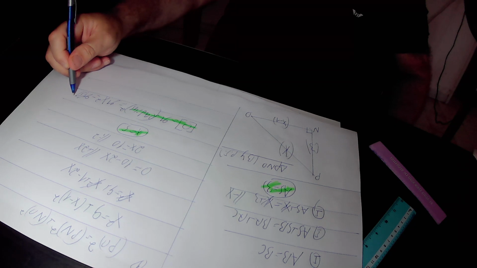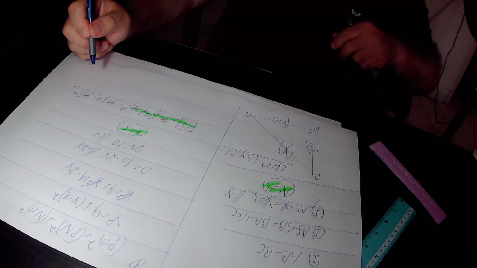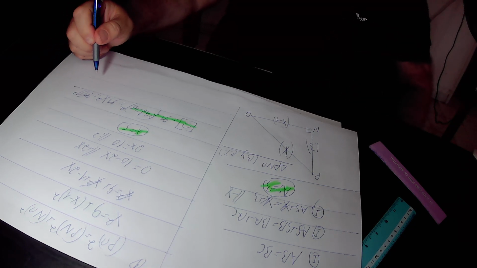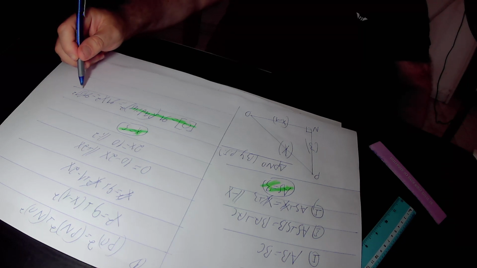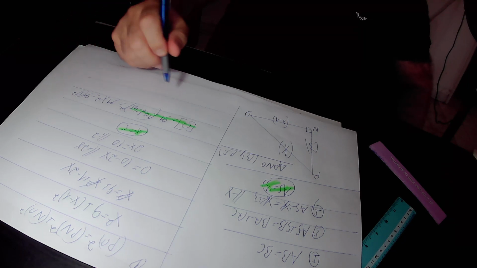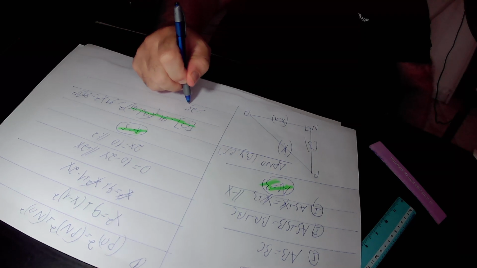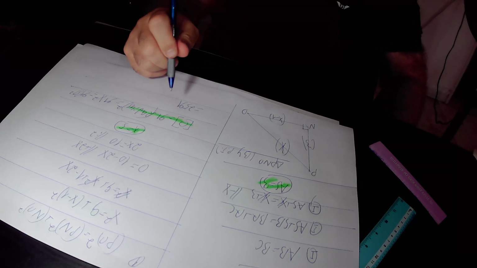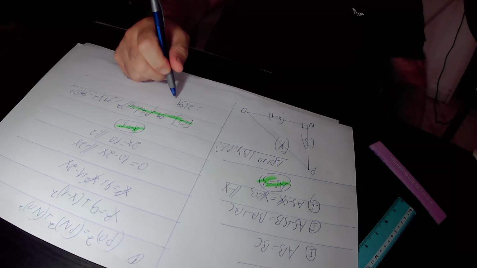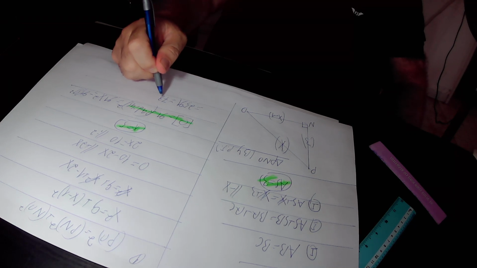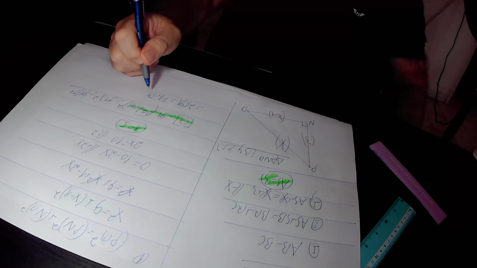So the area of our circle equals pi times 5 squared. 5 squared is 25, so the value of this expression is 25 pi. 25 pi is 78.54 square units.